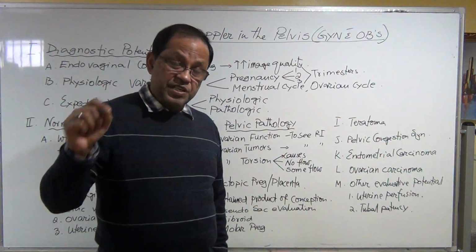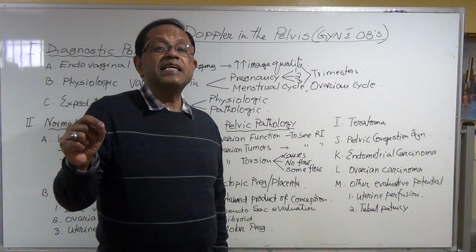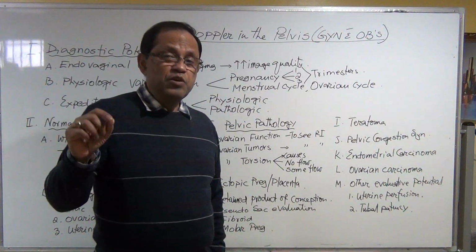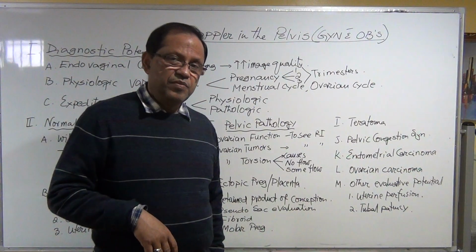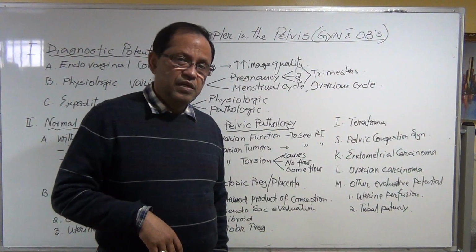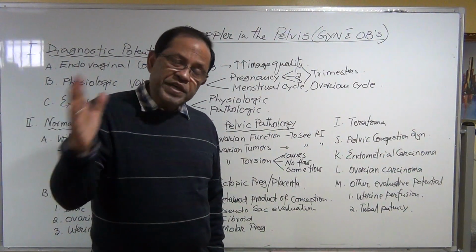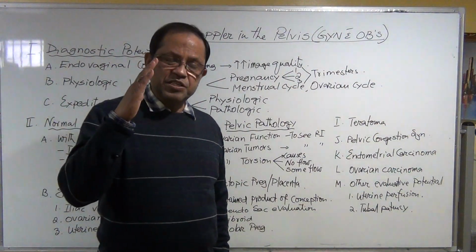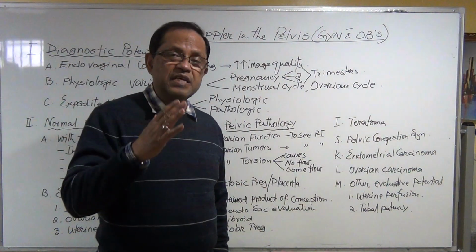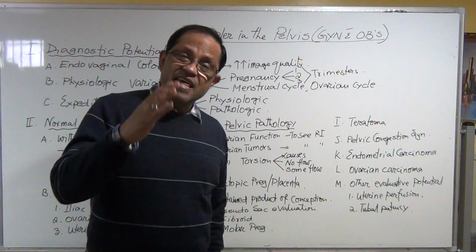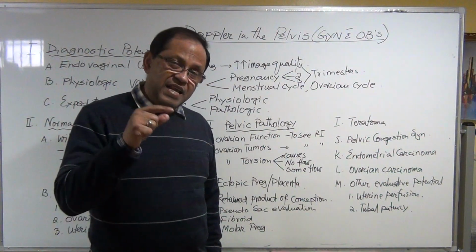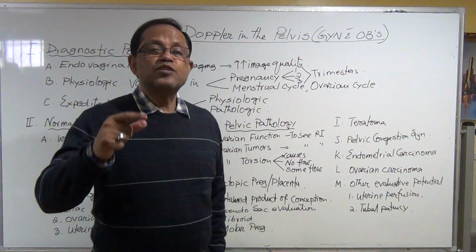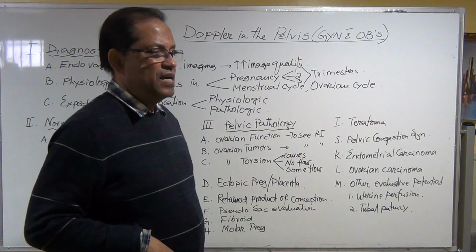In the secretory phase, the vascularity increases because a lot of new blood vessels form within the endometrium. So without pregnancy, the resistivity index of the uterus is higher than when the uterus is pregnant, because pregnancy needs more blood supply.